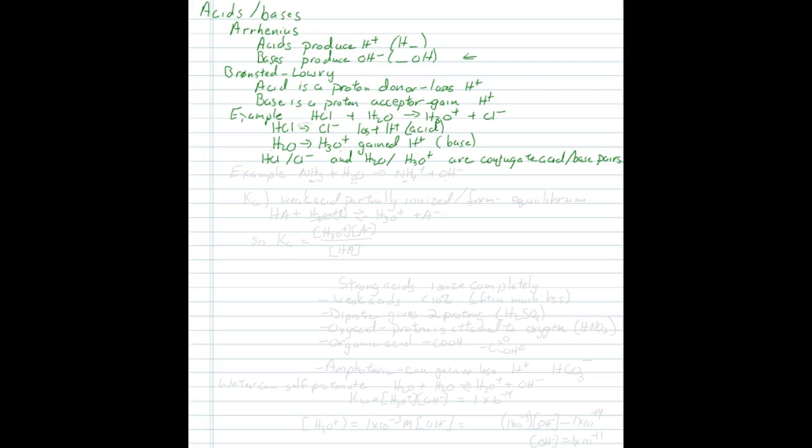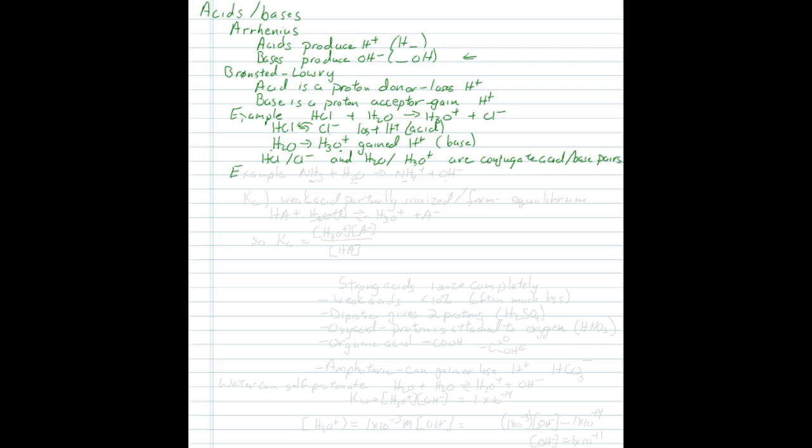If you go from Cl minus to HCl, Cl minus is gaining a proton, so it turns into the base. So the acid will make a conjugate base. The base will make a conjugate acid, because if you go from H3O plus to H2O, it's losing an H plus.